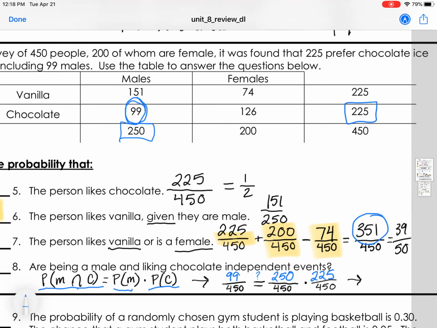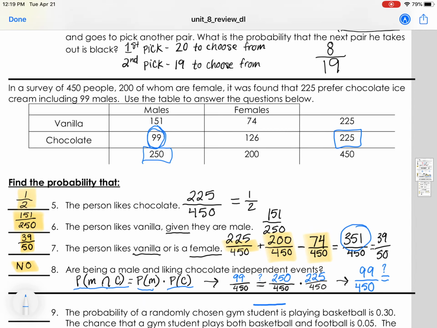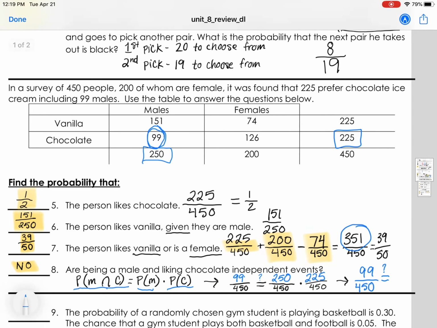Now on the left side of my equation, I have that probability of being male and liking chocolate at the same time is 99 out of 450. And I'm trying to see, does it equal the same as 250 out of 450 times 225 out of 450? And when I multiply those together, I notice that they equal 5/18, which does not equal 99 out of 450, and so no, these are dependent events.